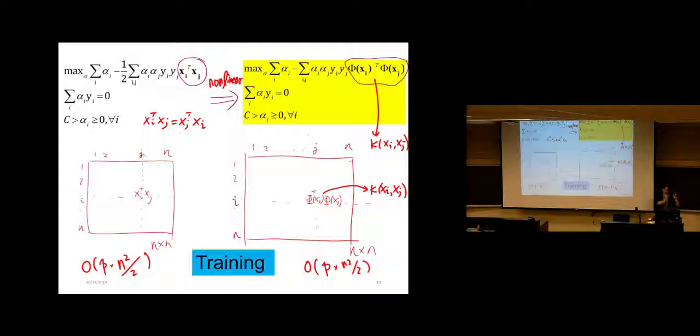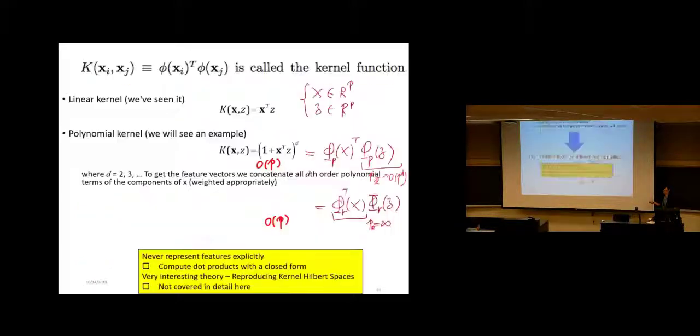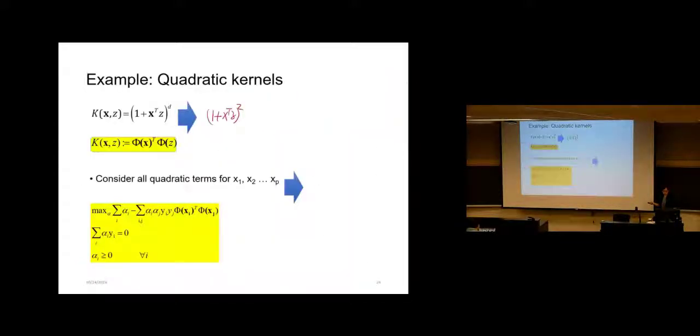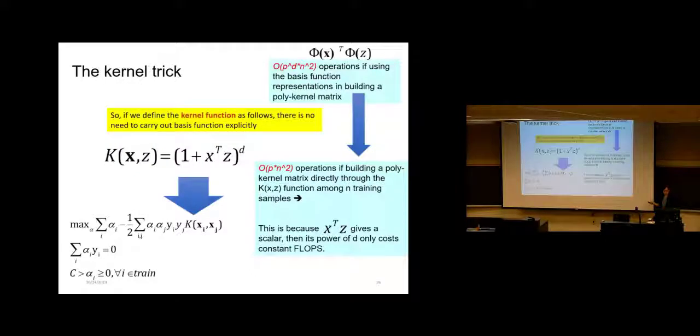Whenever you have power d, you extend from p to p to the power d, and that specific formulation will induce p to the power d times n quadratic total cost. But the kernel trick guarantees you only have O(p) times n quadratic, of course over 2, which I cancel out, as computation cost.